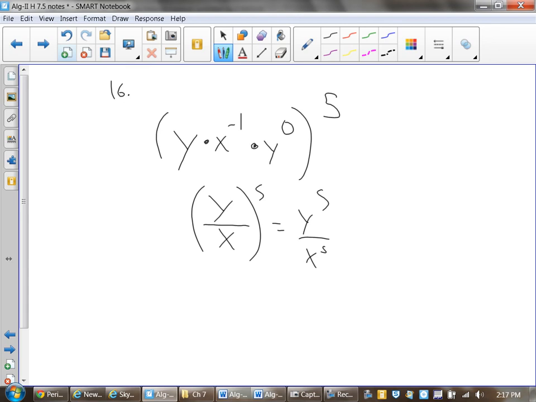It's going to just get rid of this, times 1. So it's y to the 5th over x to the 5th. You can't simplify that anything. Nope, nothing. You're not solving for anything.